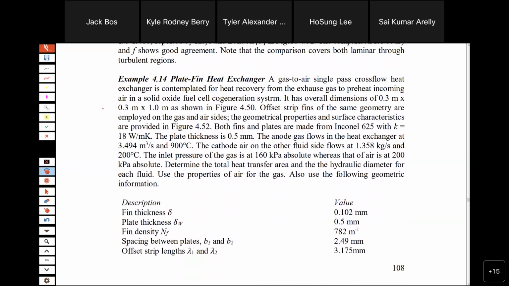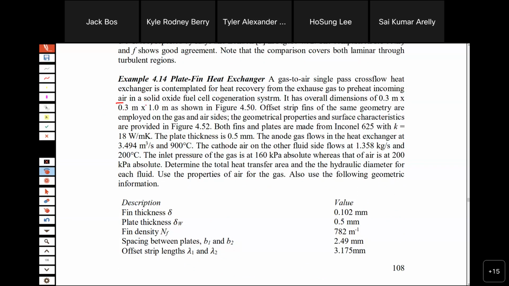Now, once we accept that, then we can compute a plate fin heat exchanger, gas to air. A single pass cross flow heat exchanger is contemplated for heat recovery from exhaust gas to preheat incoming air.